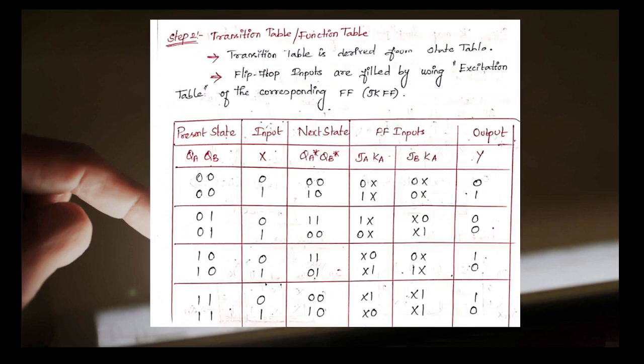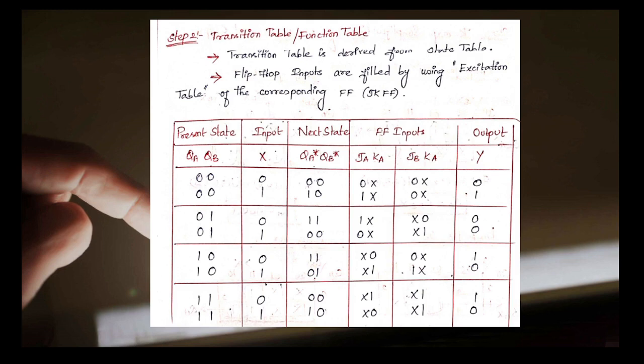Based on the excitation table, we have to formulate the transition table, which is derived from the state table. It is also called the function table. Here it's been displayed. Flip-flop inputs are filled by using the excitation table which we discussed in the previous slide for the corresponding flip-flop. For the first, let me describe the present state QA QB 00.